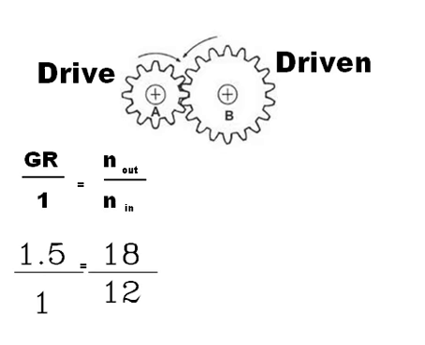Now the way you do your math here is you have to cross multiply both of these equations to come out with the right answer. So you multiply GR, whatever the gear ratio is, times N, and you would multiply 1 times 18, and that'll give you 1.5 as your answer.